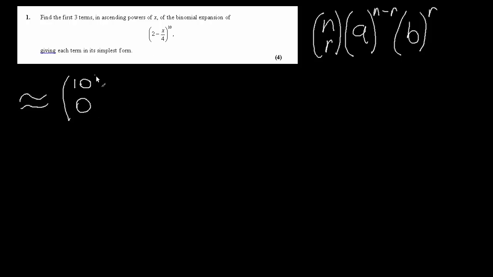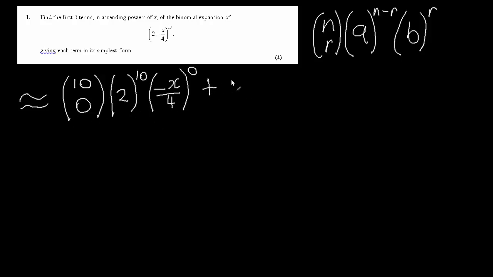So 10 choose 0, and then the first part of our bracket, 2 to the power of 10 minus 0, so just 10, and then the second part of our bracket, minus x over 4 to the power of 0, because we're in the 0th term. So that's the first term.